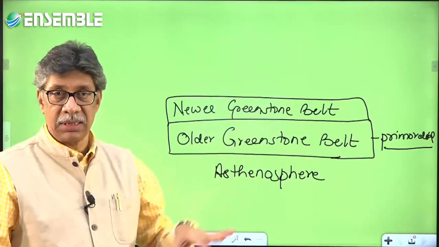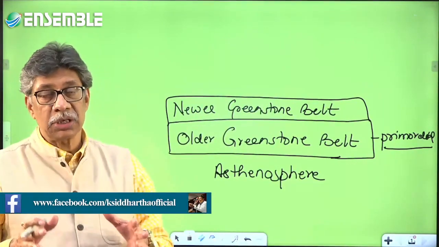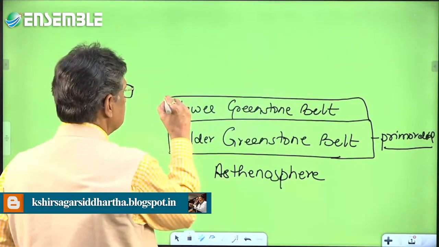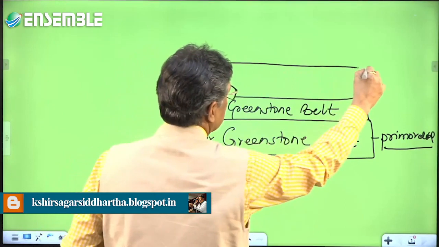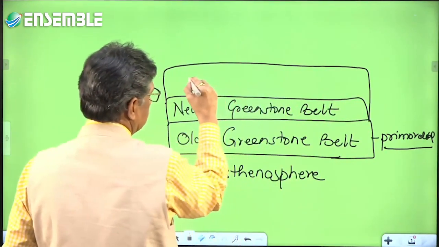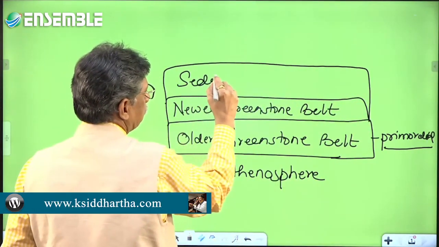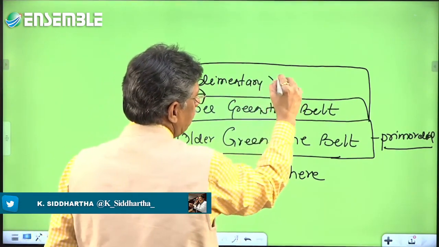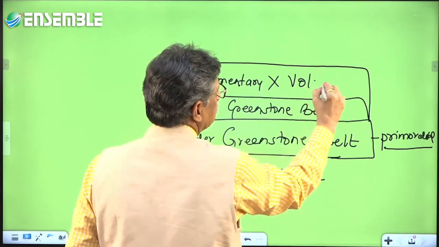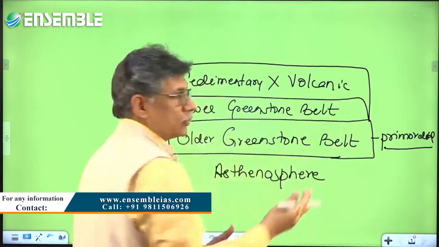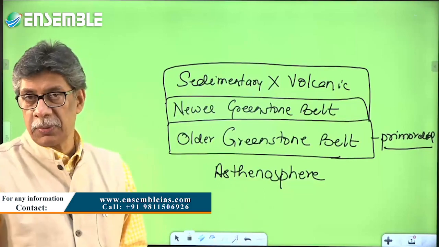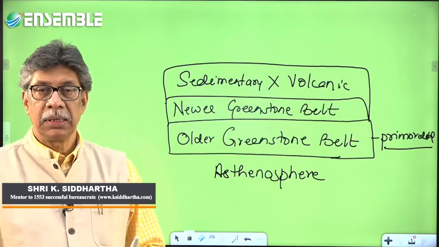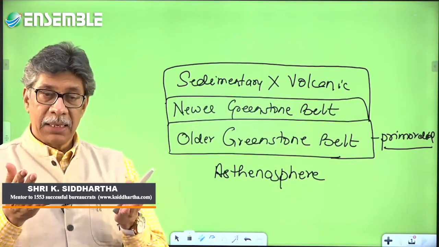Thereafter, on this layer, sedimentary rocks mixed with volcanic rocks were deposited. Sedimentary rocks and volcanic rocks were mixed with each other, and that is how they got deposited.